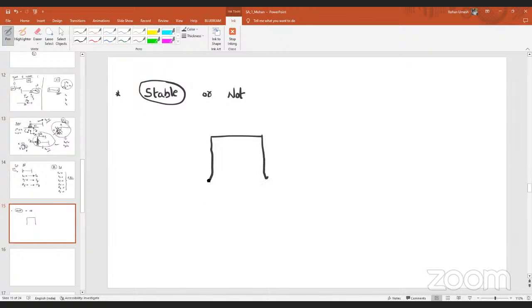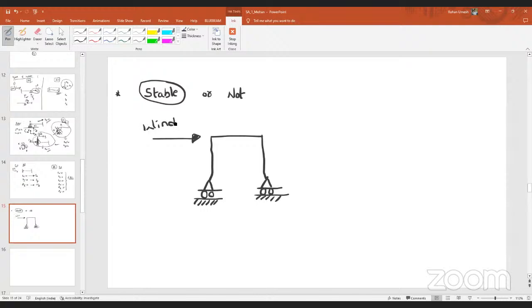Imagine this is the structure that I have built. Not exactly zero moments, sorry, that's not how we should say it. Let us say this is my portal frame, a two-dimensional portal frame, and let us say that wind load is acting here.